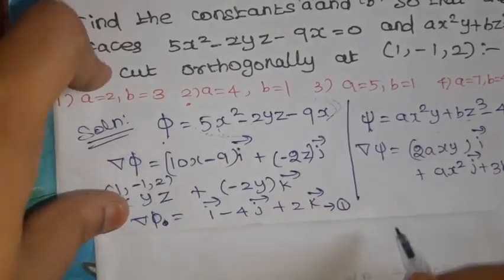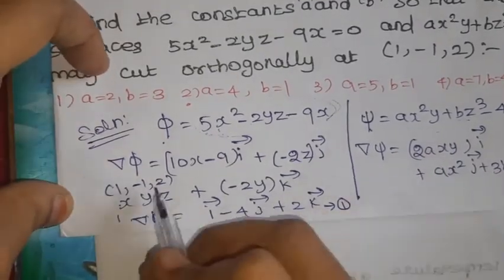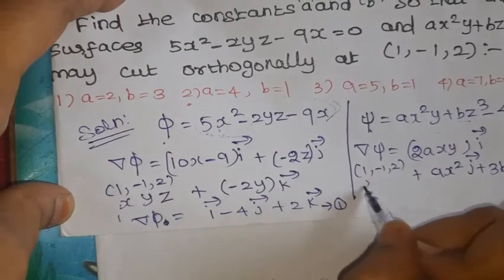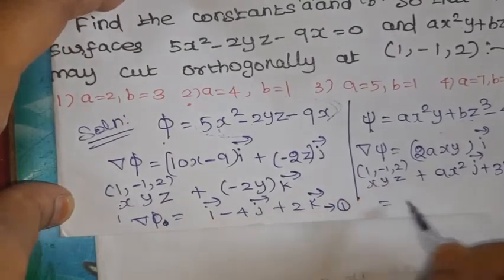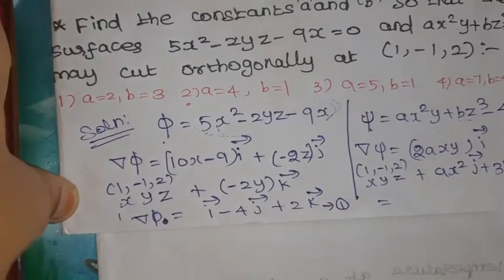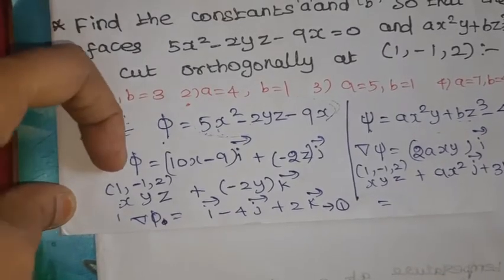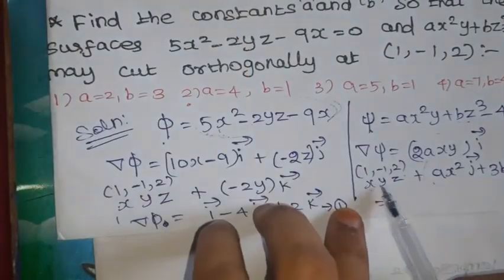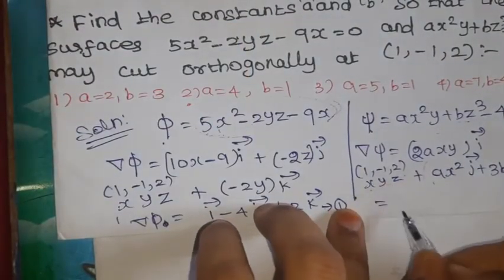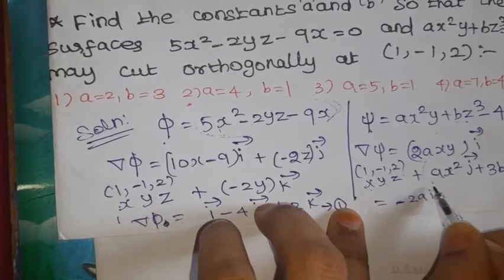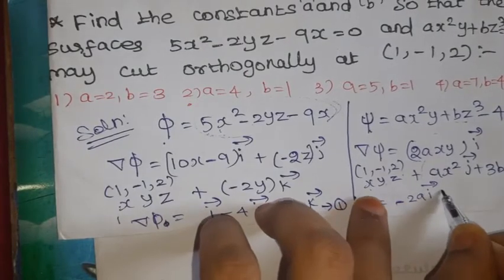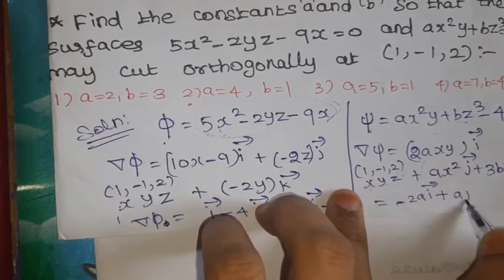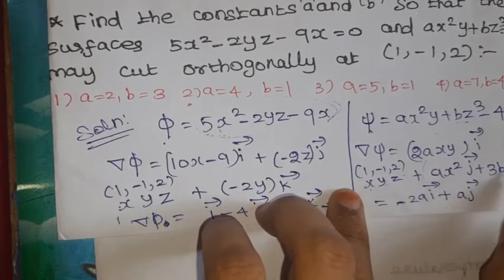So del psi at the same point 1 comma minus 1 comma 2, substituting x, y, z: 2axy plus ax squared plus 3bz squared. So in place of x and y, 1 into minus 1 gives minus 2a i, plus ax squared means a, j, plus 3bz squared.